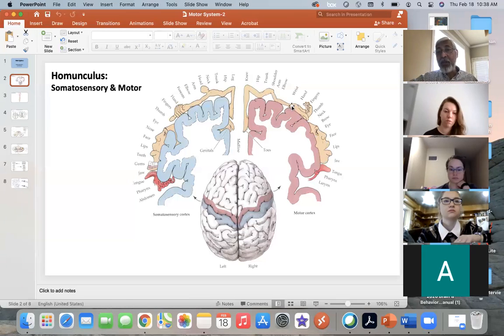But look at the hand. You see the area occupied by the hand, a much bigger area, because you do a lot of fine work with the hands. So that's why you need more area, more neurons in the cerebral cortex to represent the hand, rather than those representing the legs. That depends on how fine your function is.